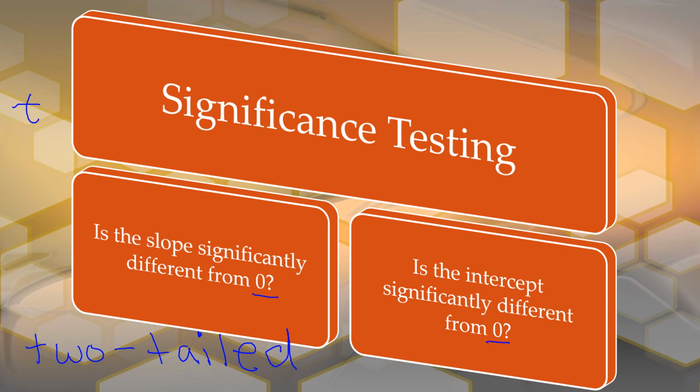Sometimes 0 doesn't really help you very much to know that when x equals 0, y is different than 0. Sometimes it is, but most of the time it's not very helpful. And most of the time we just use the intercept for prediction purposes, and we don't really care if it's significant. But we're usually interested in knowing if the slope is significant because we want to know if there's a relationship between the two variables.